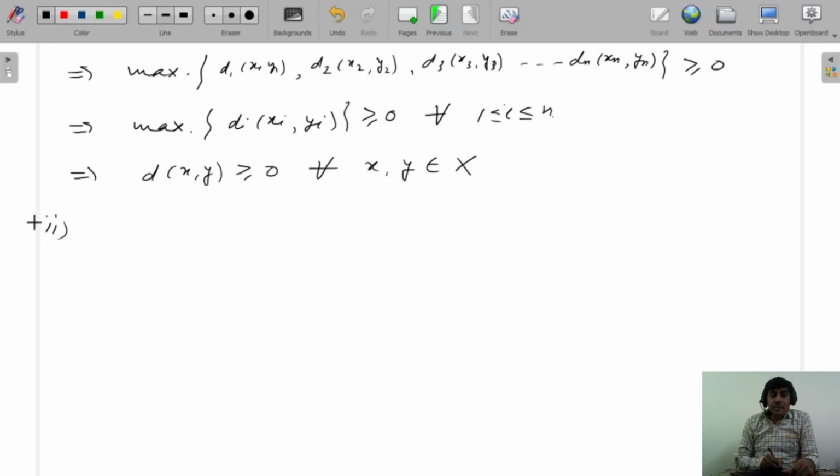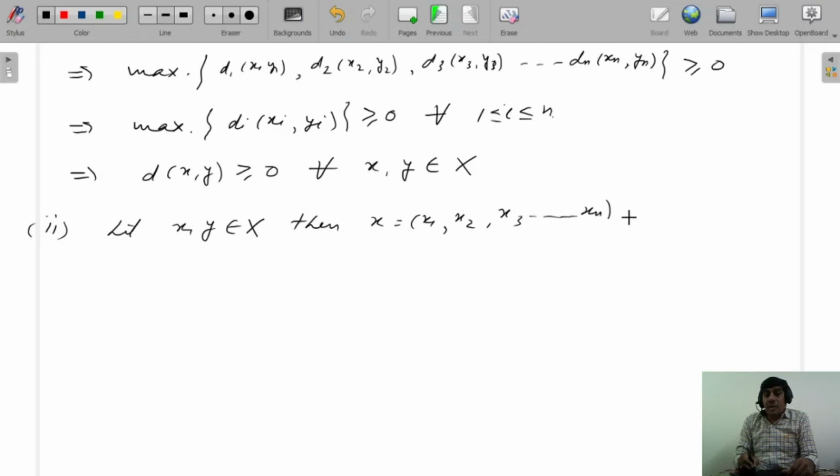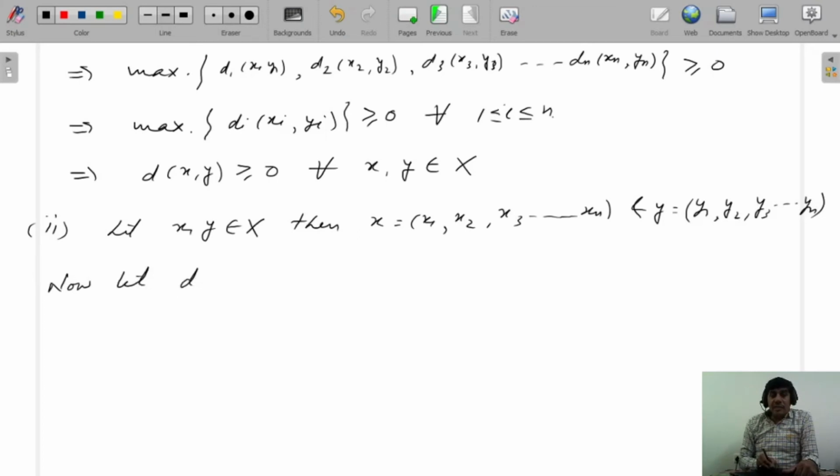Second, let x, y belong to capital X, then x is equal to (x1, x2, x3 up to xn), and y is equal to (y1, y2, y3 up to yn). Now let dxy is equal to 0.